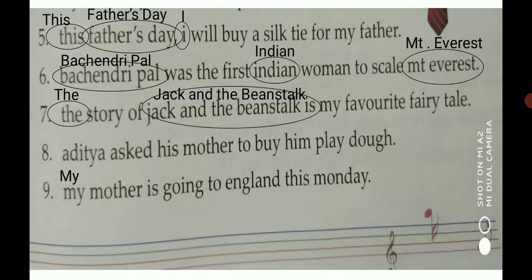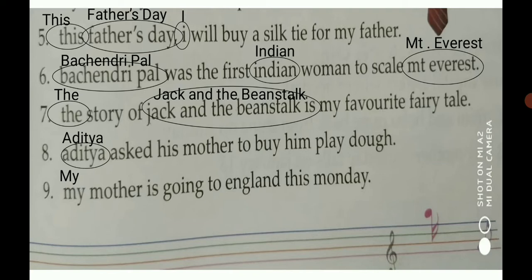Next sentence: Aditya asked his mother to buy him Play-Doh. So the first letter of Aditya will be a capital. Then any other word? No. So only Aditya will be changed and the whole rest of the sentence will remain the same.